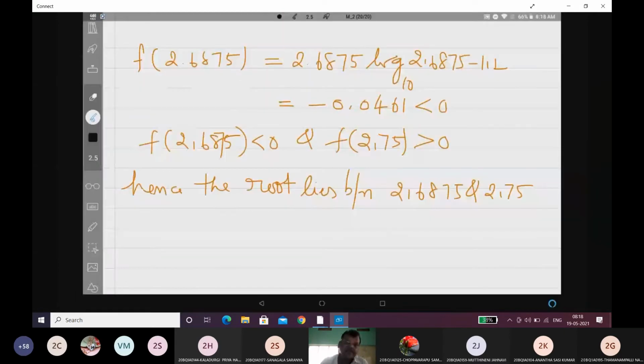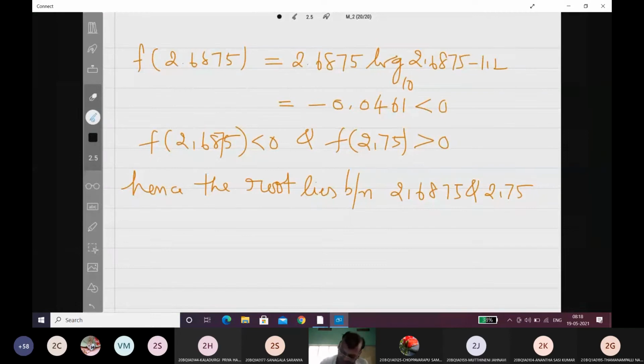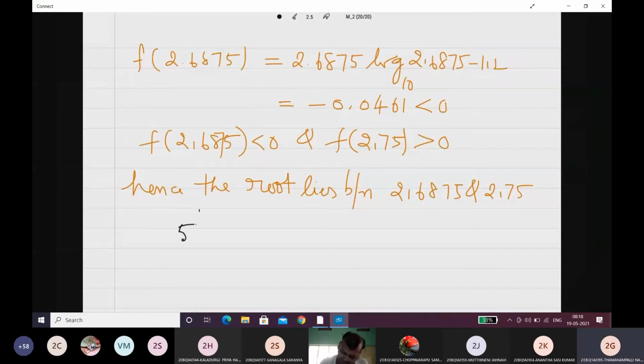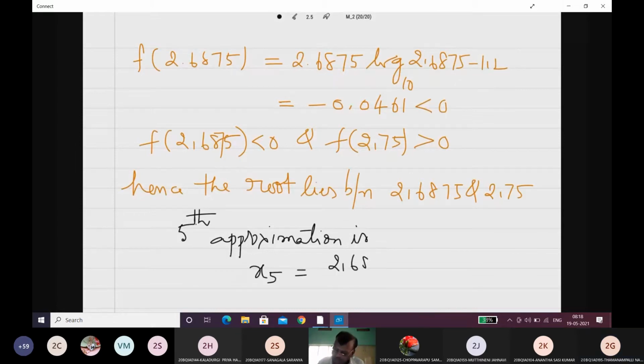Now the next approximation, is that the fourth one or fifth one? Fifth one, sir. The fifth approximation is x5 is equal to 2.6875 plus 2.75 by 2.